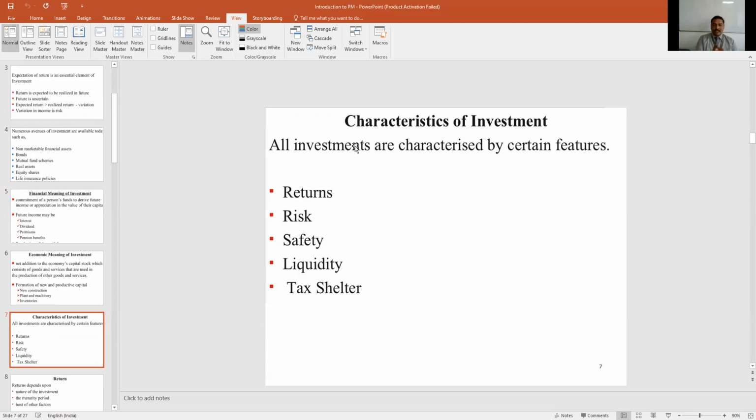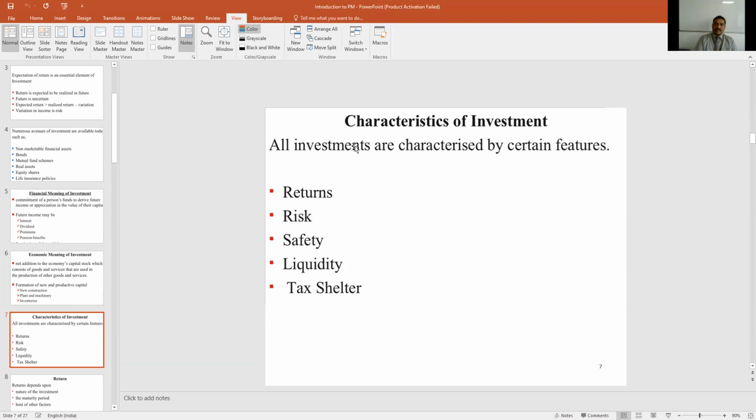For example, if you are investing in National Savings Certificate, Public Provident Fund or Provident Fund, these are also investments only. If you are making investments there, you are able to have a tax shelter. You can avoid some taxes, you can be free from some taxes. There are some provisions out there. So while you are looking for any investments, you need to be aware of these provisions.